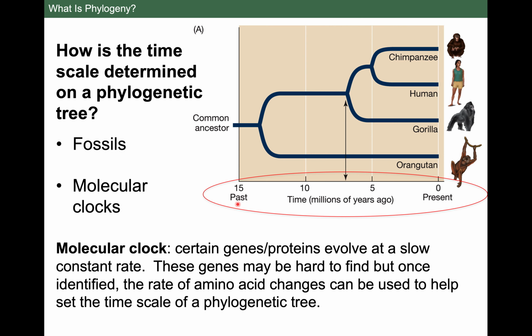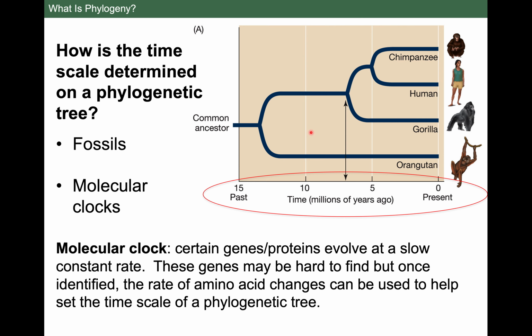So that time scale that you see there, how do we get that? How do we insert this element of time into a phylogenetic tree? And there's really two key ways you could do this. So one is through using fossil evidence, right? So as I mentioned, the common ancestor and maybe some other ancestral species that might be present throughout this tree that are not explicitly being shown here may be represented in the fossil record, right?